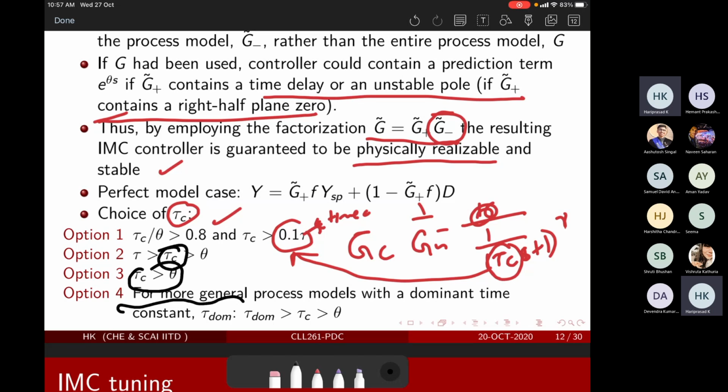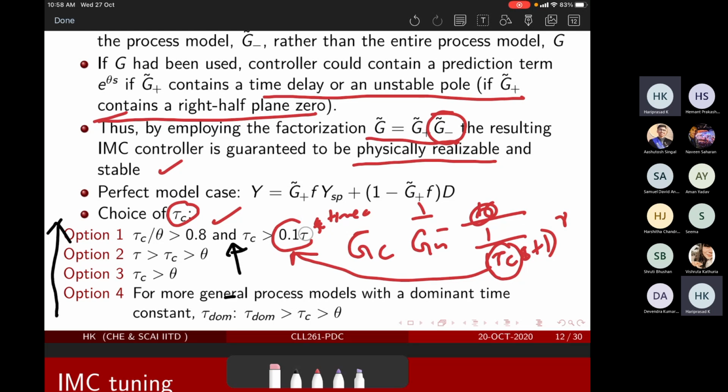Each of them has their merits and demerits. Whenever you design a controller, you can choose one of these based on the closed loop response that you obtain. The most widely used option is tau c by theta equal to 0.8 and tau c greater than 0.1 tau.